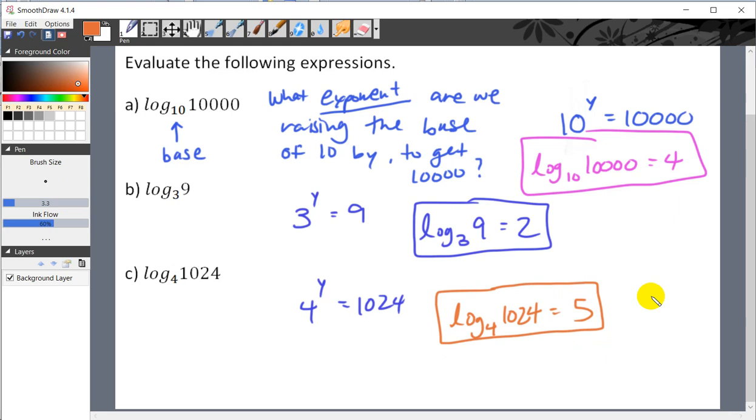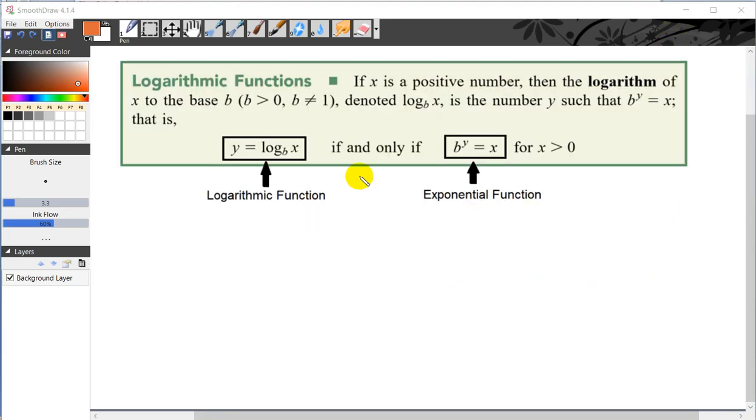Now let's explore this a little bit more. Basically, what I showed you earlier: if x is a positive number, then the logarithm of x to the base b, denoted log base b of x, is the number y such that the logarithm is seen as an exponent of an exponential function.